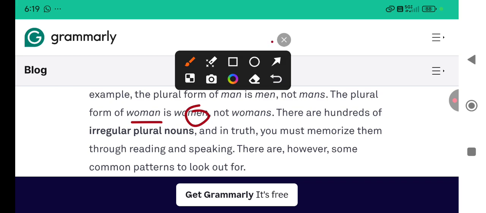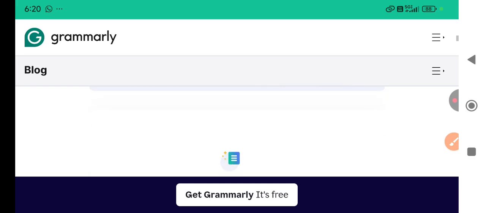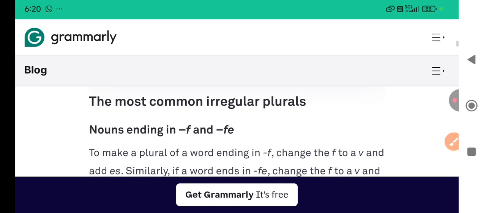There are hundreds of irregular plural nouns, and in truth, you must memorize them through reading and speaking. So let us see the first rule, first how to remember.